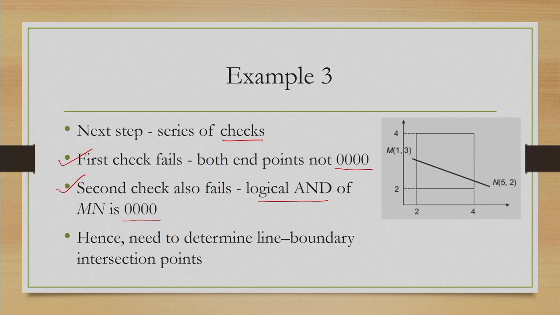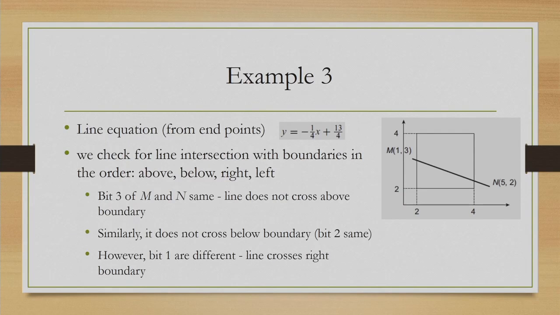Thus, we cannot completely keep it or completely discard it. So, there must be some intersection and we have to determine that intersection and clip the line. So, we need to determine line boundary intersection points and clip it. For that we need to decide the line equation from its endpoints, which is easy as shown here.